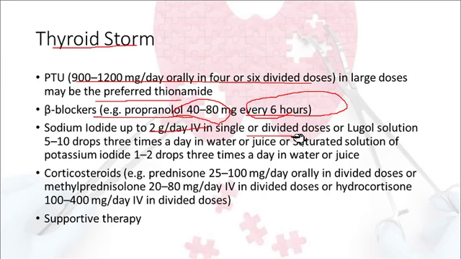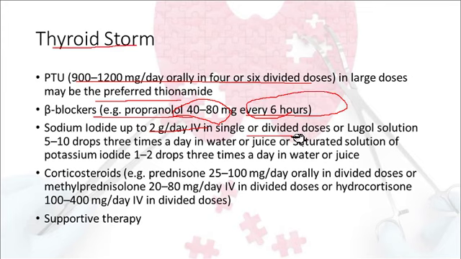Glucocorticosteroids such as prednisone given 25 to 100 milligrams orally in divided doses, or methylprednisolone given 20 to 80 milligrams daily IV in divided doses, or hydrocortisone anywhere between 100 to 400 milligrams IV in divided doses can be considered.